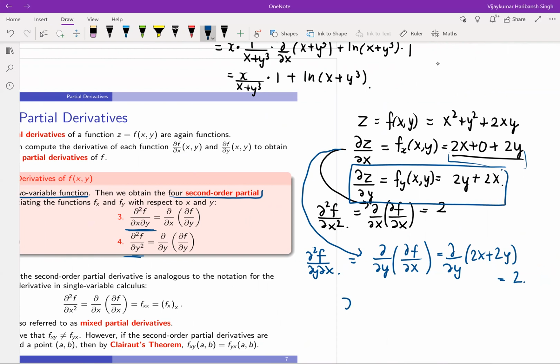and compute the partial derivative of this with respect to y, and we got 2y plus 2x, and that is going to be 2.